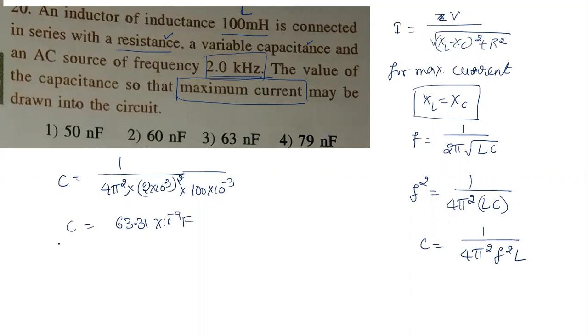That is the capacitance. This can also be written as 63.31 nanofarad. Now look at which option is correct. The third option is correct, 63 nanofarad.